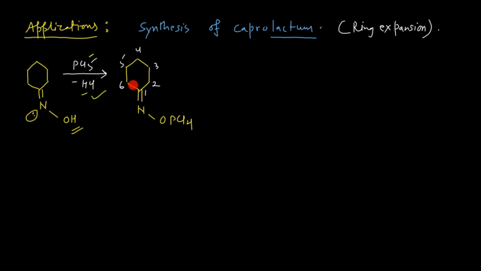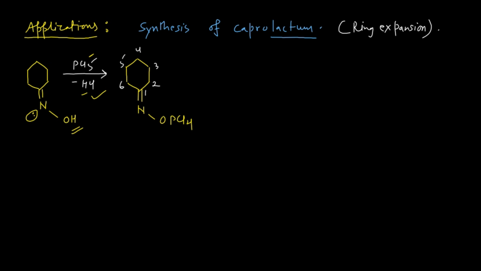So this group will migrate, not this one, because carbon 1 and 2 have a cis relationship to this leaving group. But you know, in the Beckmann rearrangement, always the group which is anti to the leaving group will migrate. So this will migrate, okay? So what will happen in the next step?